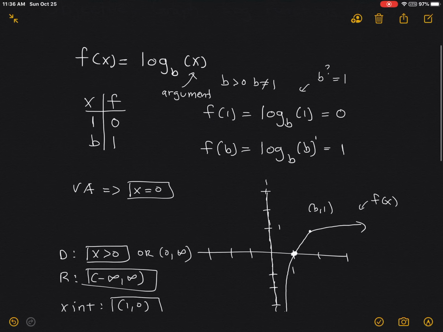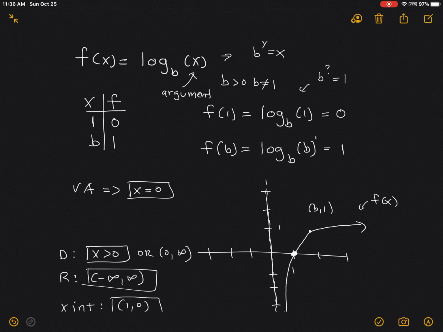So again, it's really important that you understand this concept about the domain of a log function: whatever's inside the argument has to be greater than 0, because if you convert this to exponential form, b to the y is equal to x. Remember, b is a positive number.